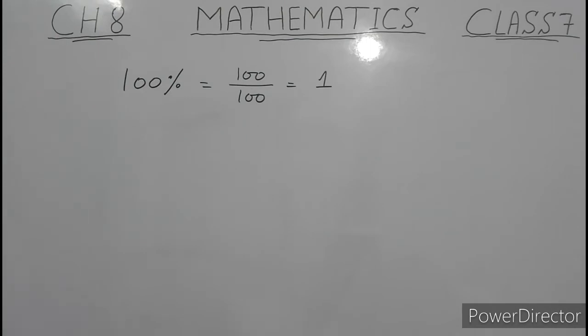As we know, percentage is a fraction whose denominator is 100, and it shows a complete object, a complete thing, or when we discuss particularly numbers, 100% shows a complete number.